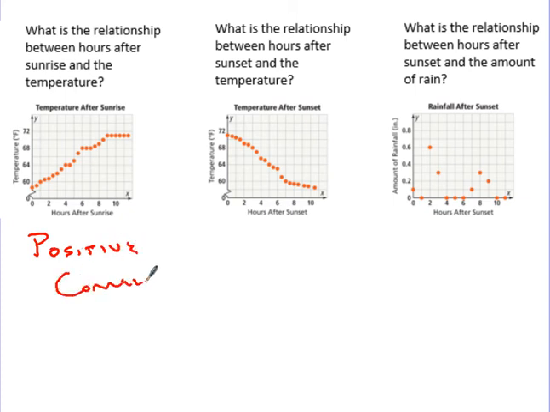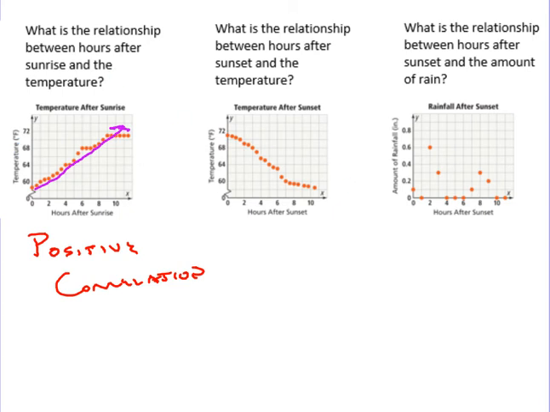The reason why is it's trending upwards. The direction of this data is moving upwards. As my x values increase, so do my y. That means a positive correlation. Positive trend means we're going up, which means that if I were to draw a line through it, it's going to have a positive slope.